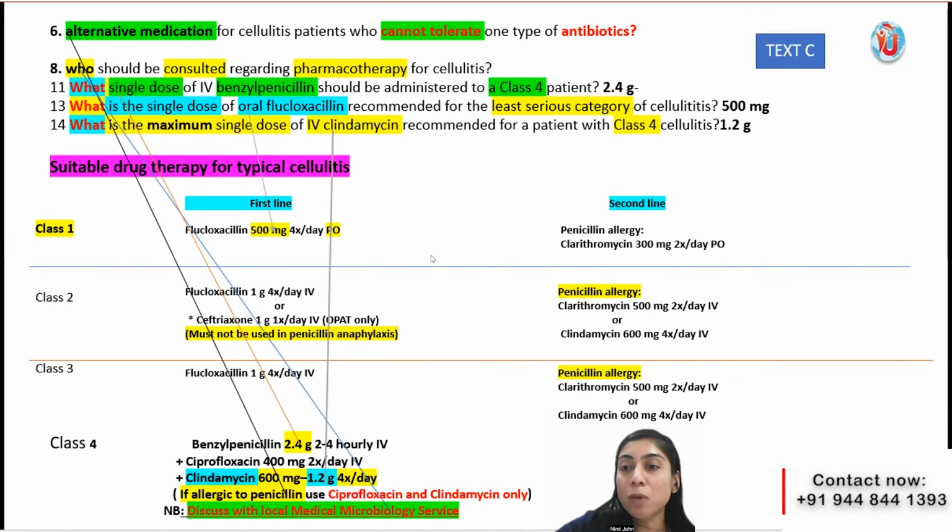Here the pharmacotherapy is discussed with the local medical microbiology services. Because the question asks who is consulted, it is the local medical microbiology services. Yes, clear. That's why the other one, specialist, is not about pharmacotherapy in text D.